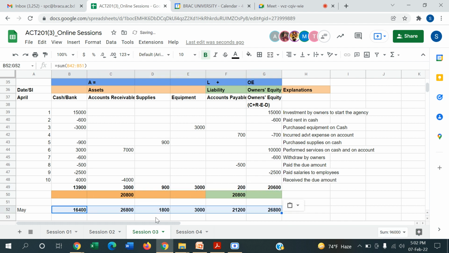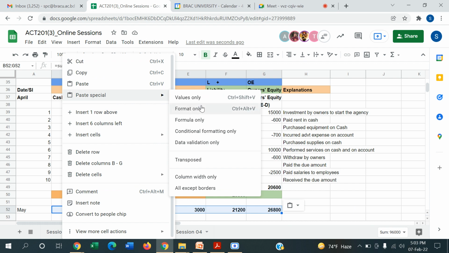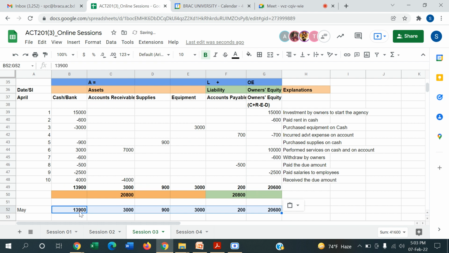Isn't it? When they start their activities in May, they will have cash of 13,900, accounts receivable of 3,000, supplies of 900, equipment of 3,000, liability of 200, and owner's equity of 20,600, isn't it?